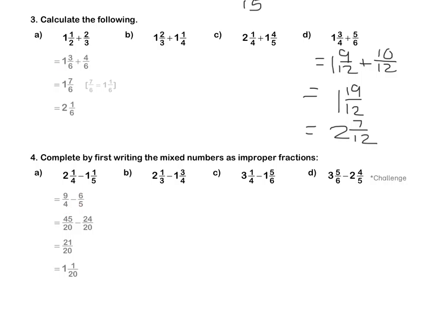Our LCD is 20. Over here, I times by 5. 9 times 5 is 45. Over here, I have times by 4. 6 times 4 is 24. Then I do my subtraction sum to get 21/20, which as a mixed number is 1 1/20. Use what you have learned to complete the rest of question 4 by yourself.